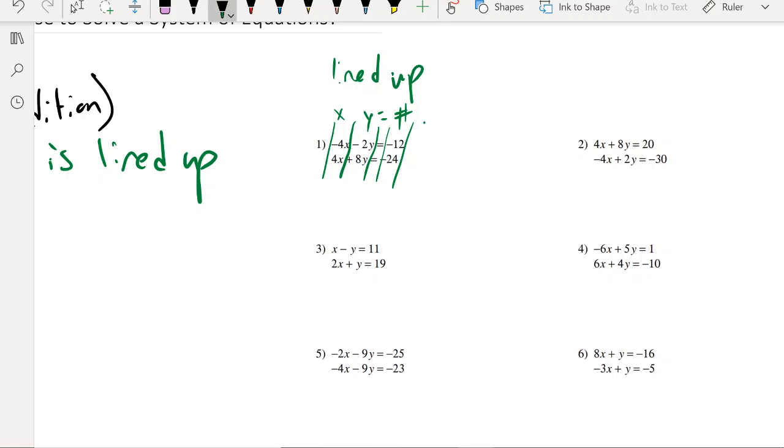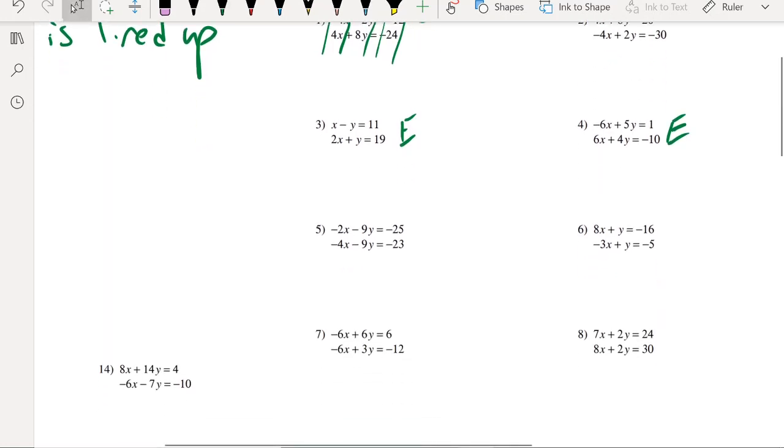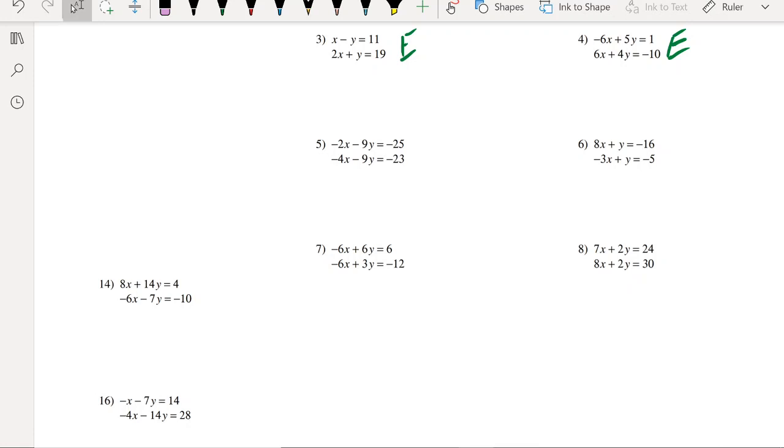Therefore, it's good for elimination. So I'll put a capital E there for elimination. That one's good for elimination. And actually, so is this one. Right, x, y equals number. This one's elimination. And actually, all of these are, because I pulled them from the same worksheet on using elimination to solve.